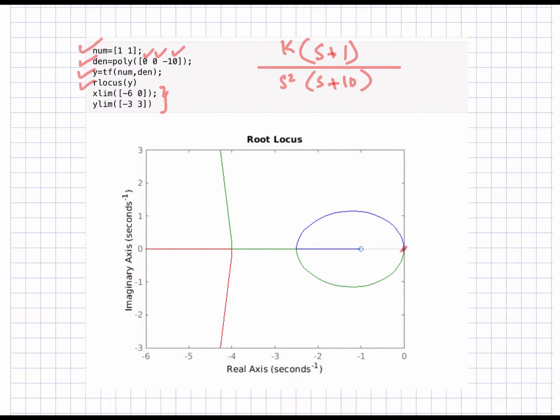So here you can see there are the double poles over here. One pole is moving like this, coming into the real axis from here, and the other pole will be moving like that, and one pole will move toward this zero. If I follow the MATLAB colors, this pole that was coming from here will move toward this zero, right, and this pole coming from here, let me draw it with a different color.